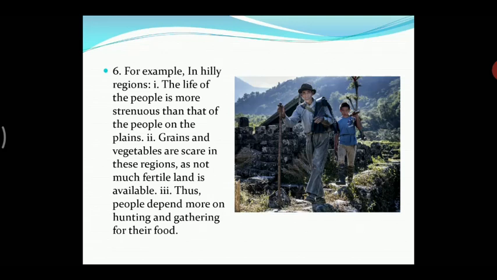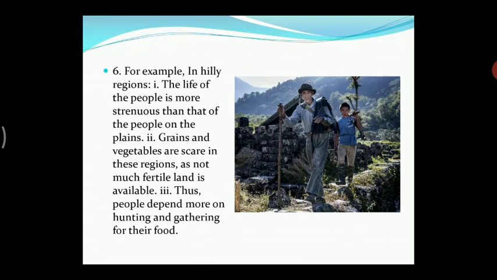They do not get food grains properly in the hilly regions as not much fertile land is available. Fertile land means, see, to grow crops, what do you need? You need good soil. If the land is not fertile, you will not get a good quantity of crops. Thus, people depend more on hunting and gathering for their food.